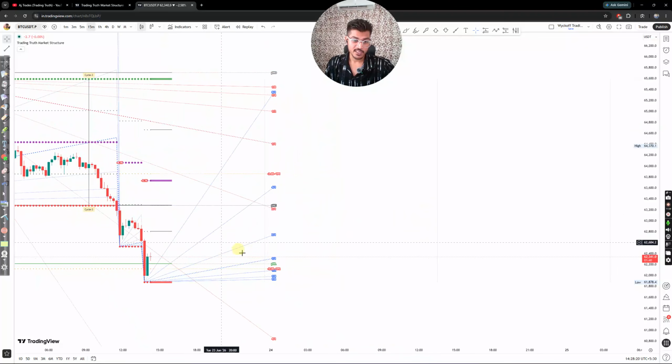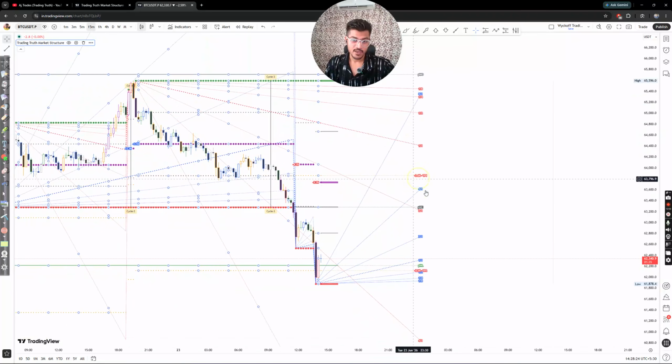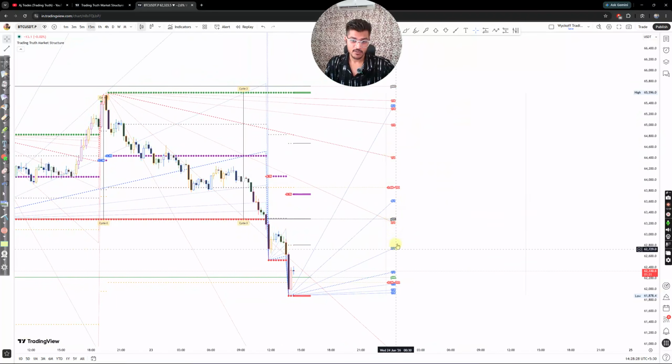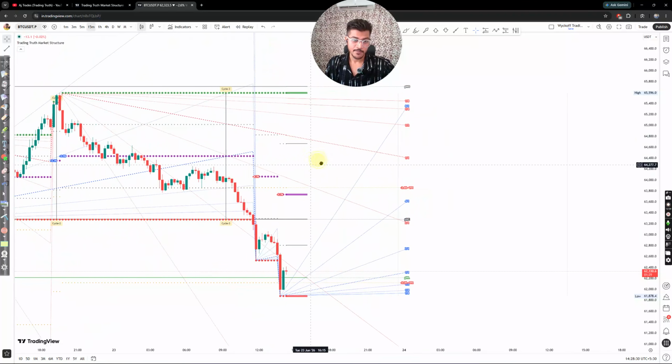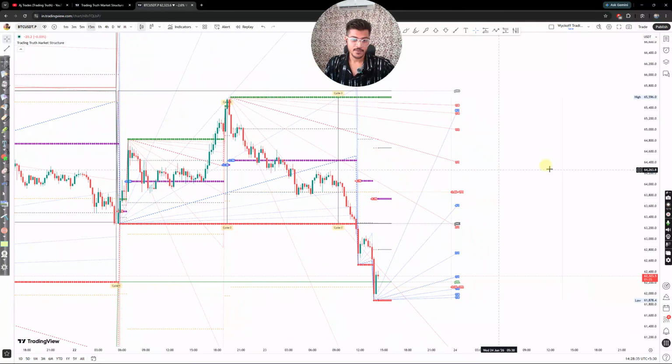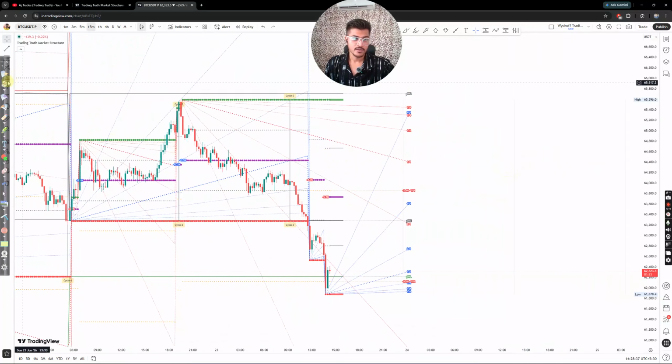Here you can see this is 1 by 1, this is 2 by 1, this is 4 by 1, this is 8 by 1. These are trend lines which are coming down, you can see 2 by 1, 1 by 1, all this stuff. Now here, if you notice, we are actually tracking the take profit levels.